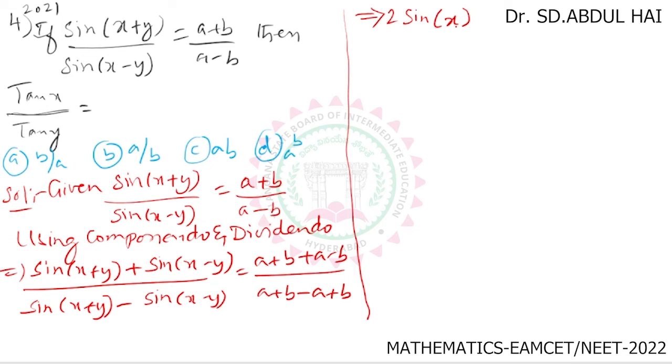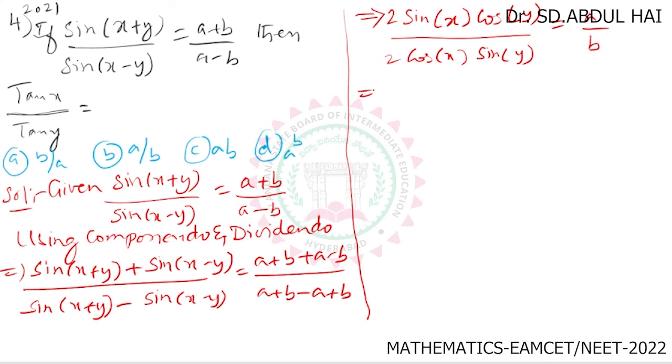So sin x into cos y, whole divided by, it is in the form of sin c minus sin d, which is equal to 2 cos of (c plus d) by 2 into sin of (c minus d) by 2, which gives cos x sin y. On the right side, b minus b cancel, minus a plus a cancel, a plus a is 2a, b plus b is 2b, 2a by 2b is equal to a by b.